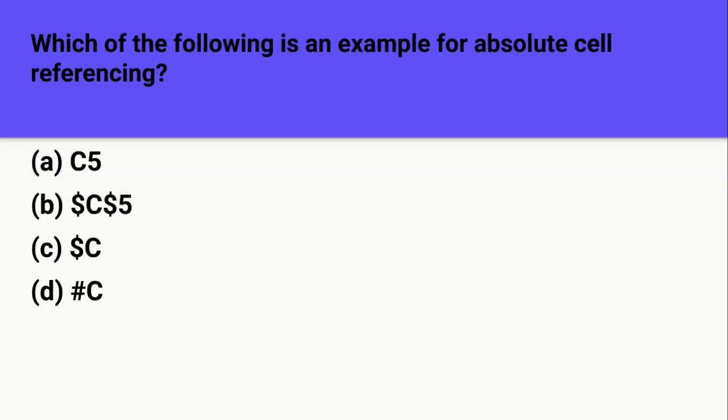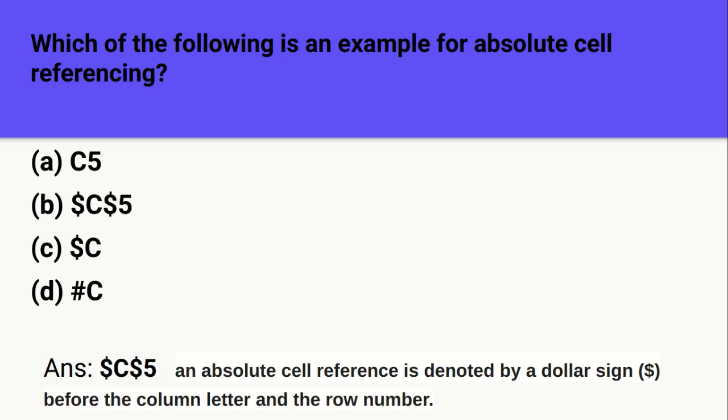Which of the following is an example for absolute cell referencing? The answer is B. That means $C$5. An absolute cell reference is denoted by a dollar symbol before the column letter and the row number.